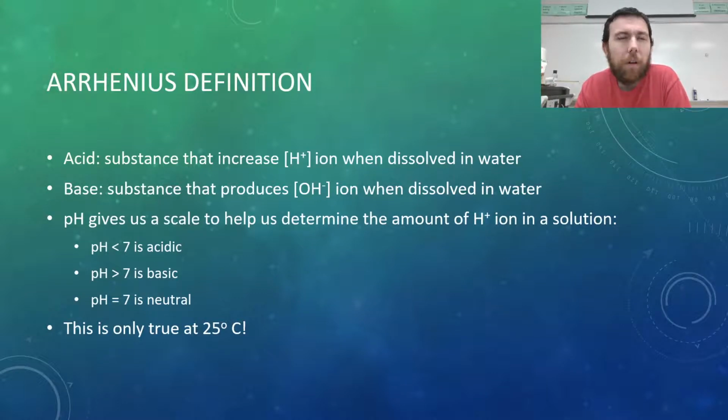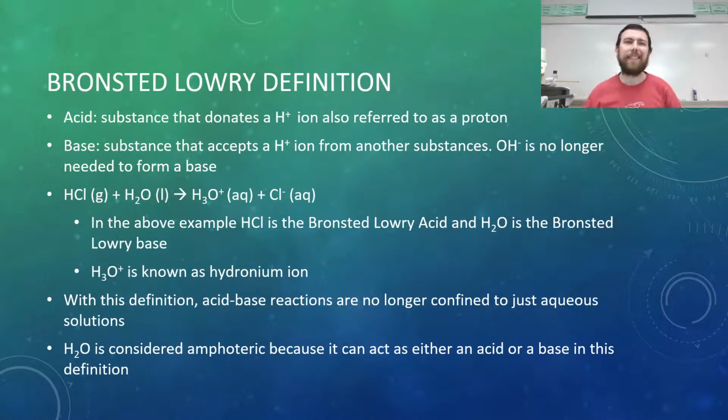However, there are other definitions that we need to consider that help us in our understanding of acid-base reactions. In order to do that, we're going to be examining what's known as the Bronsted Lowry definition, and moving into chapter 16 is where you're going to find this information. The Bronsted Lowry definition of an acid and a base is as follows.